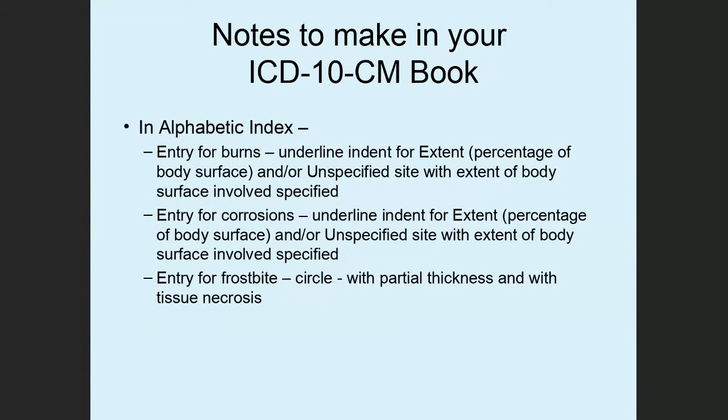That makes them much easier to find. And you do the same thing under the entry for corrosions. Underline the indent for extent or unspecified site. Under the entry for frostbite, look at the indent right under the main term frostbite with partial thickness and with tissue necrosis.